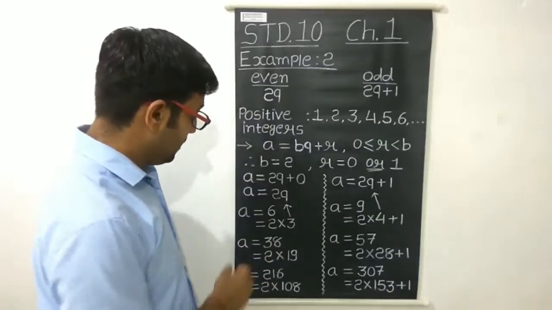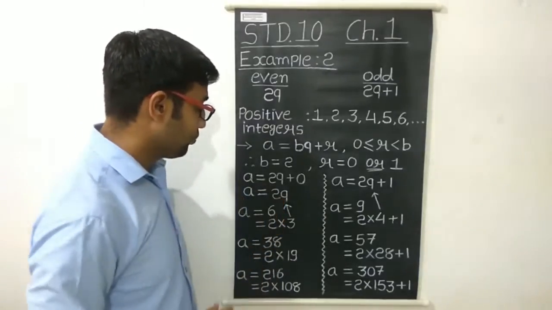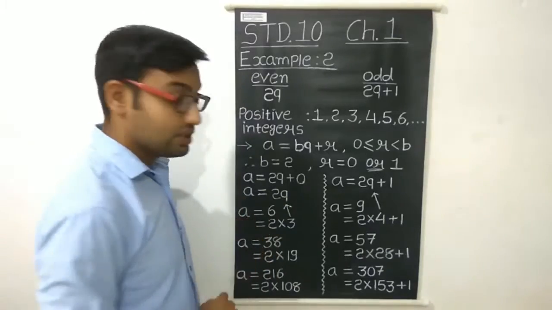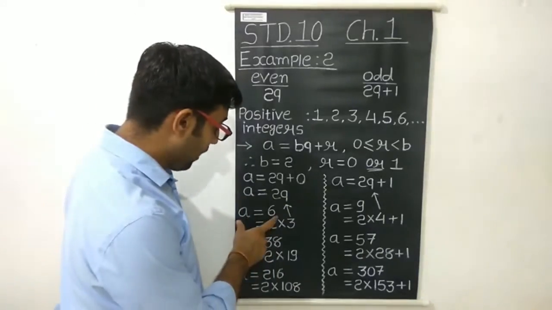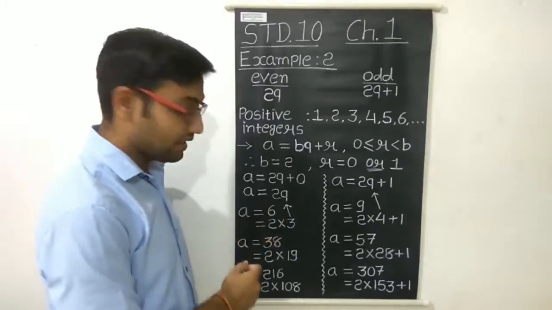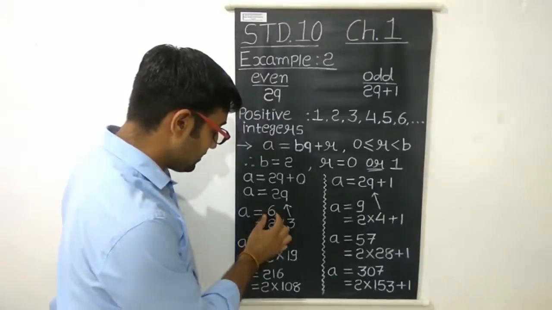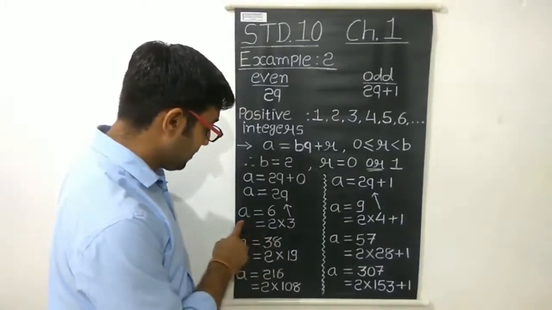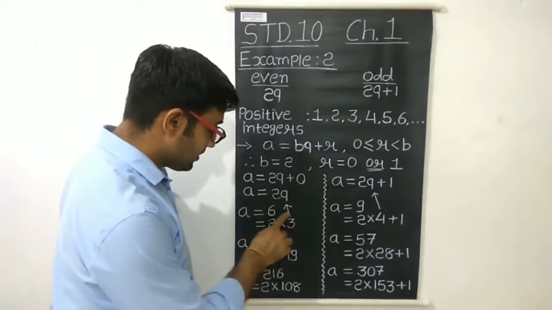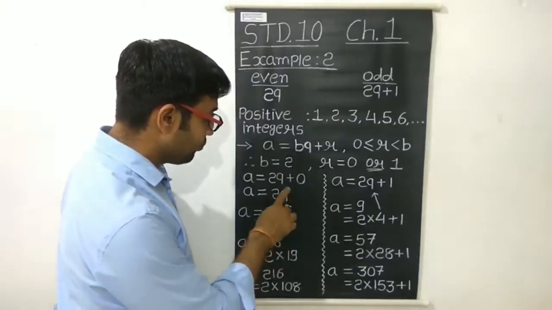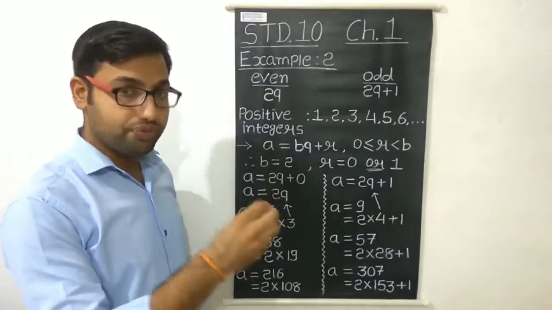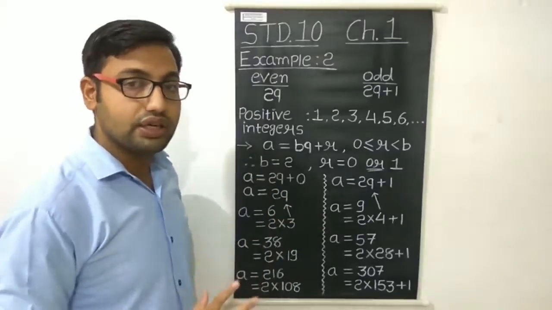For a equals 2q, let us consider a positive integer a equal to 6. How can we represent 6? We can represent 6 as 2 into 3, 2 multiplied by 3 equals 6. So what is this 3? 3 is q, and in the question it is given that we can take any positive integer.